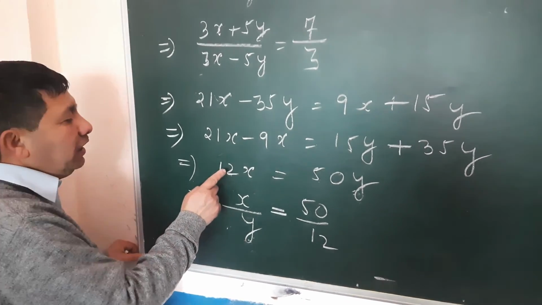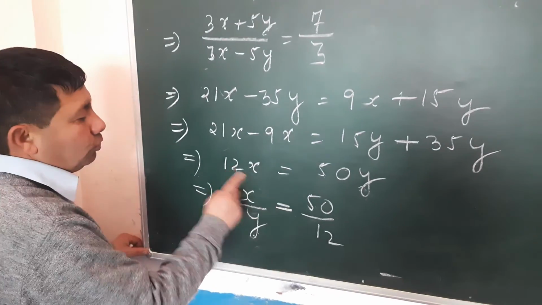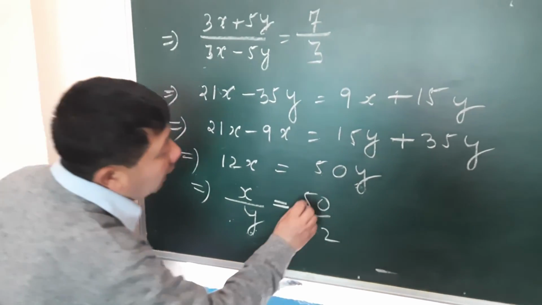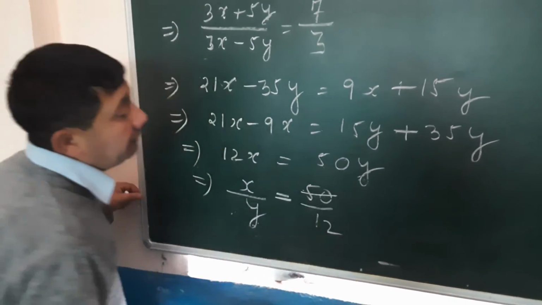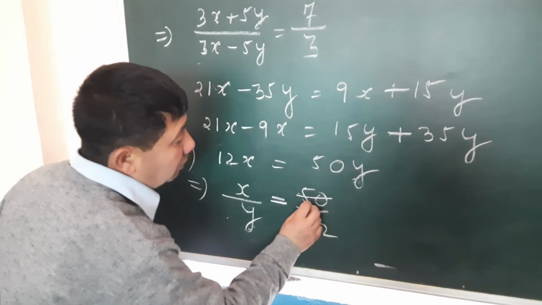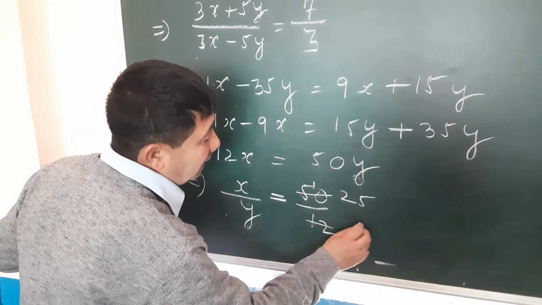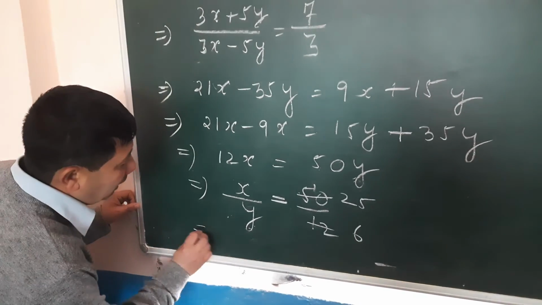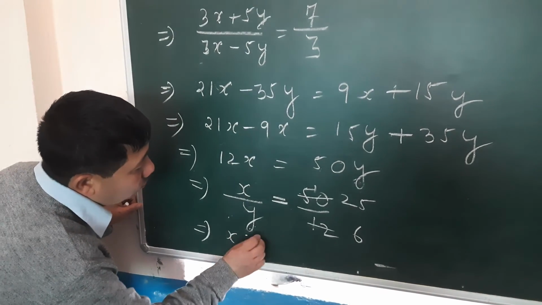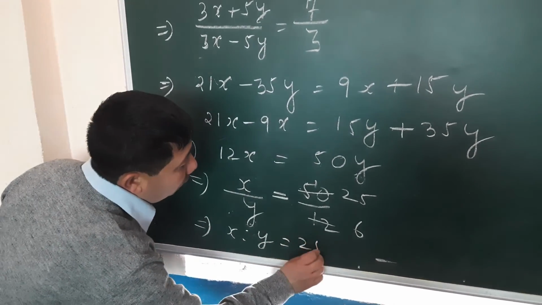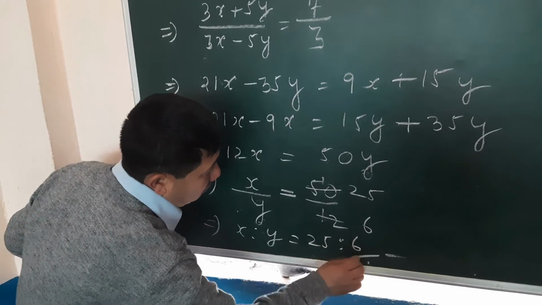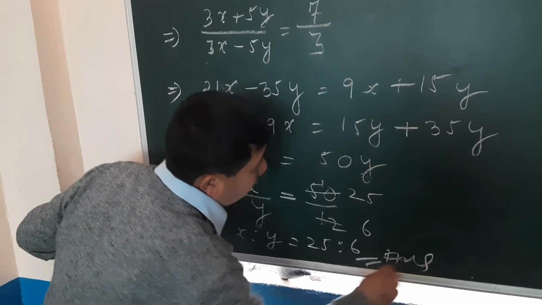And same way this 12 now here. So 12. So now you have to only cancel here. 2 2s are 4, 2 5s are 10, 2 6s are 12. So now the actual answer is x is to y is equal to 25 is to 6. So this is your answer.